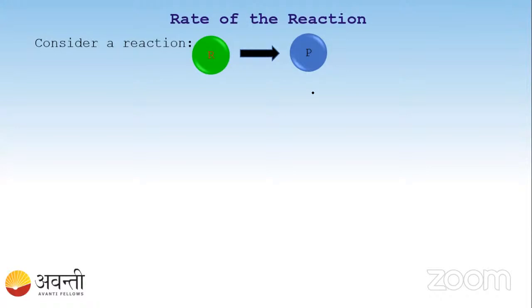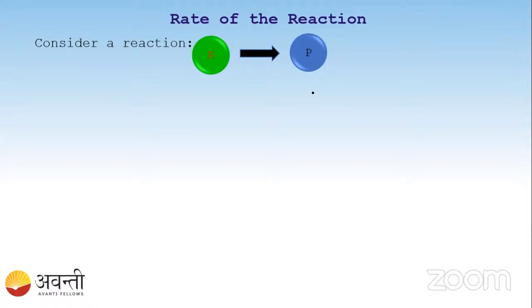Now what will happen when we are dealing with a chemical reaction? Reagents will be consumed, they will be reducing, and product will be forming. Initially only reagents will be there, and finally only product will be there. For example, take a reaction like preparing tea.